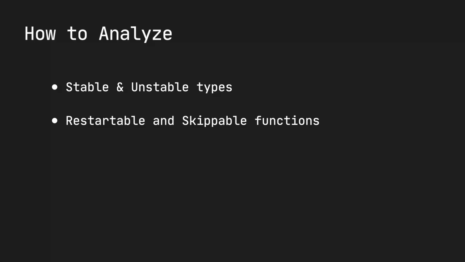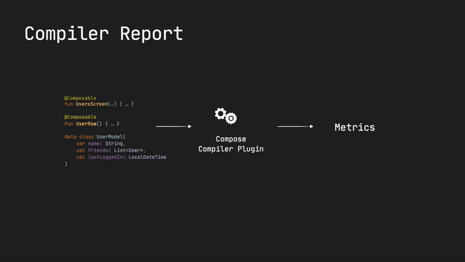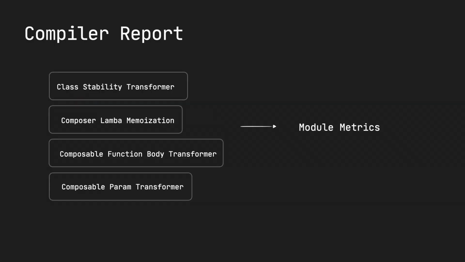So how do you analyze the Compose compiler plugin stability checking? How do you get a report of all the stable and unstable types? What you'll see in the Compose compiler plugin is that there are a set of transformers. And these transformers all get provided through their constructor with a ModuleMetrics. There's a concrete implementation of a ModuleMetrics.